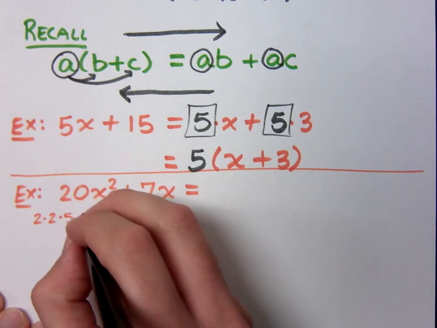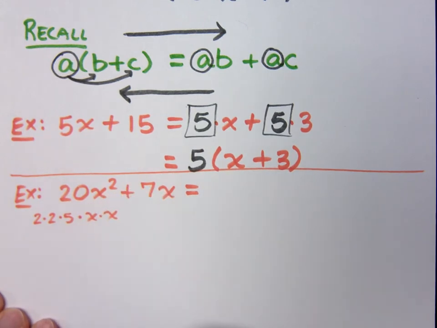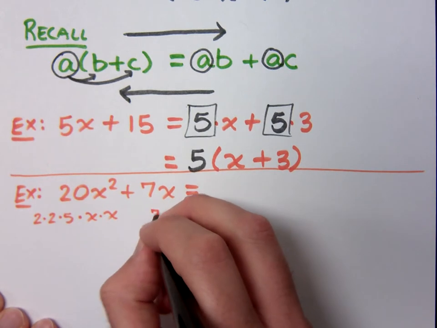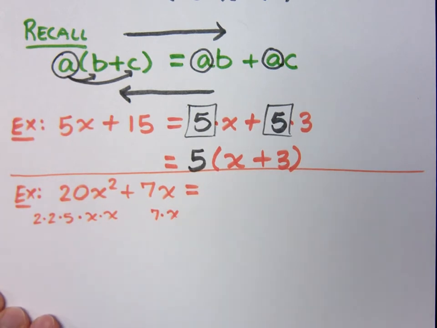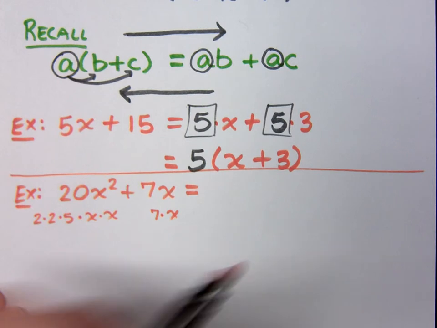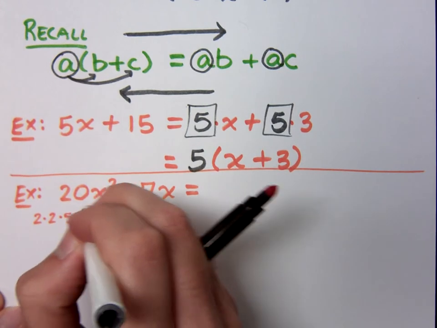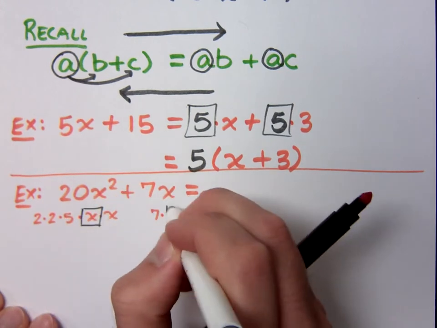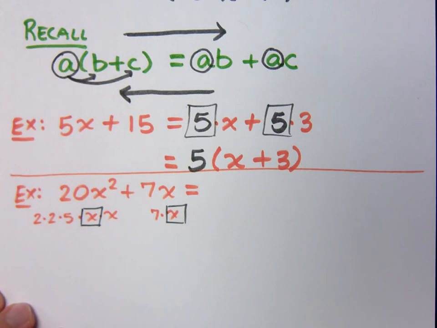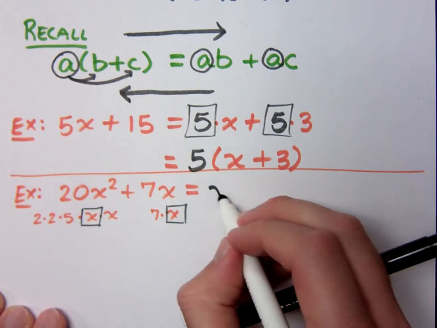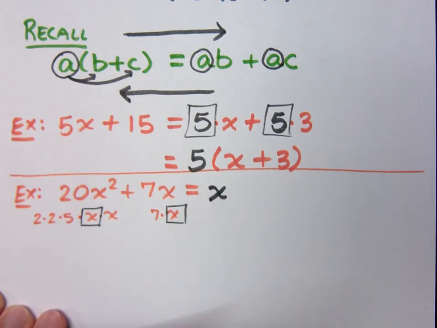And then you have 2 factors of x. If I look at 7x, that's just 7 times x. And so you see that within these factorizations, they both have a common factor of x, and that's that common factor that I would write outside in front of the parentheses.